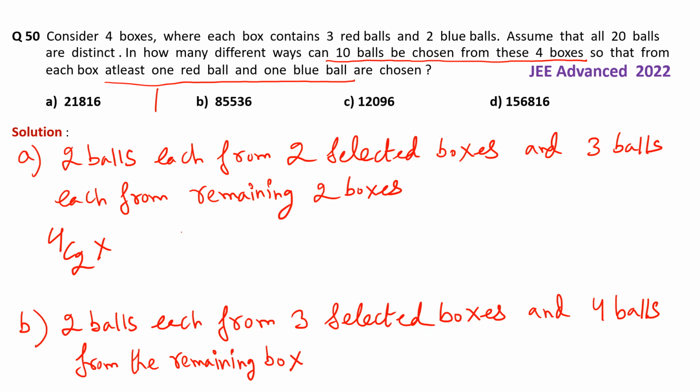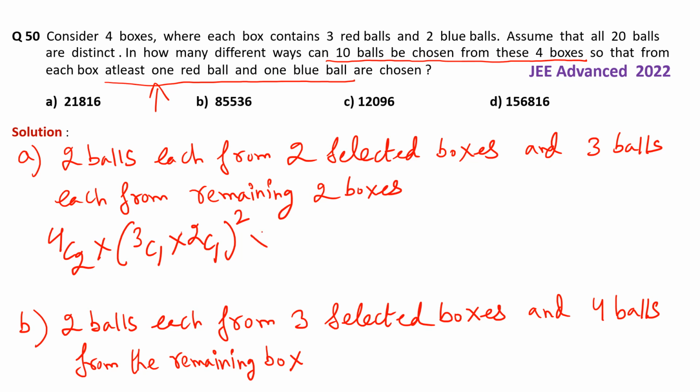Keeping this condition in mind, from each of the 2 selected boxes we have to select exactly 1 red ball and exactly 1 blue ball. This can be done in 3C1 into 2C1 for 1 box and again 3C1 into 2C1 for another box. So now it becomes (3C1 into 2C1) whole square.